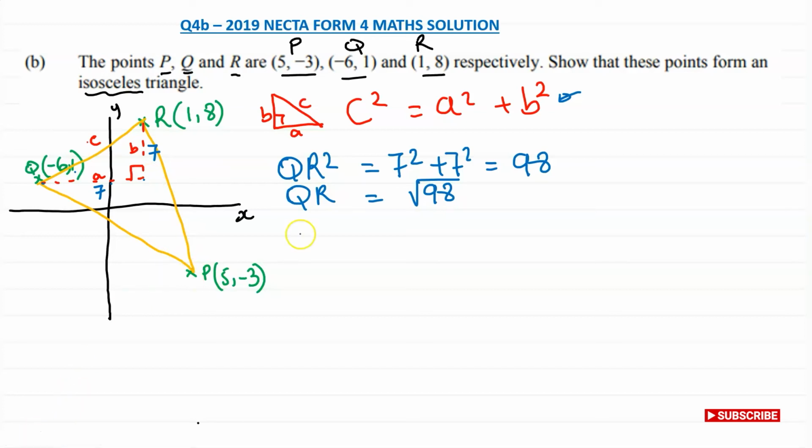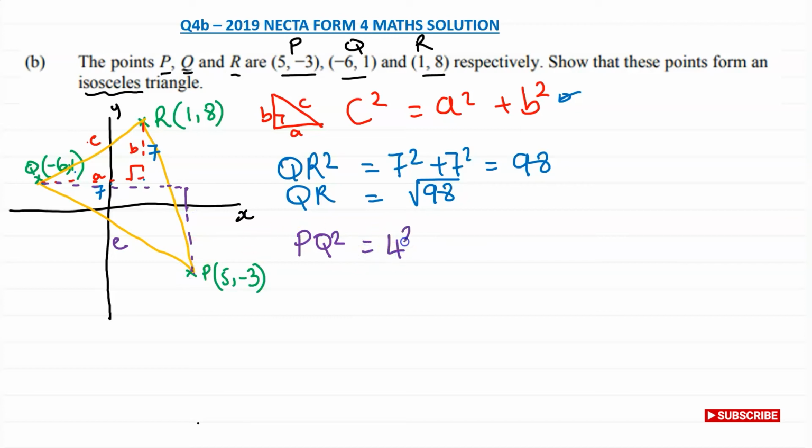So for PQ squared, again, we can form a right angle triangle. PQ is our C. The vertical side starts at 1 and ends at -3, that's 1 point and then 3 points, so that's 4.